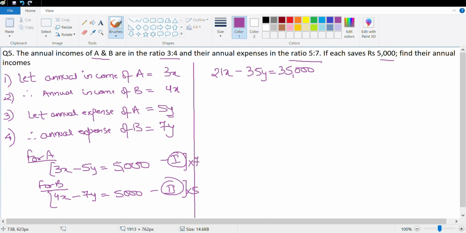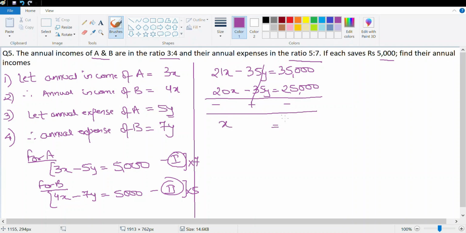Perfect. 5 into 4, 20x minus 35y is equal to 5 into 5, that's 25,000. Subtract them, this becomes negative, this becomes positive, this becomes negative. So negative 35y plus 35y gets cancelled. 21x minus 20x, that's x. 35,000 minus 25,000, that's 10,000. So we got the value of x as 10,000.